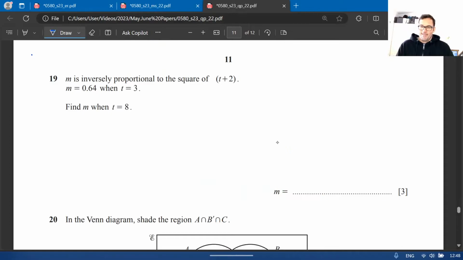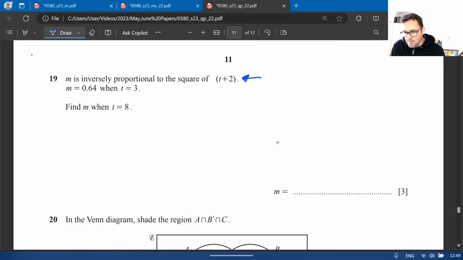Question 19. Proportion. The first step in these proportion questions is to put this first sentence into mathematical language using the fish.